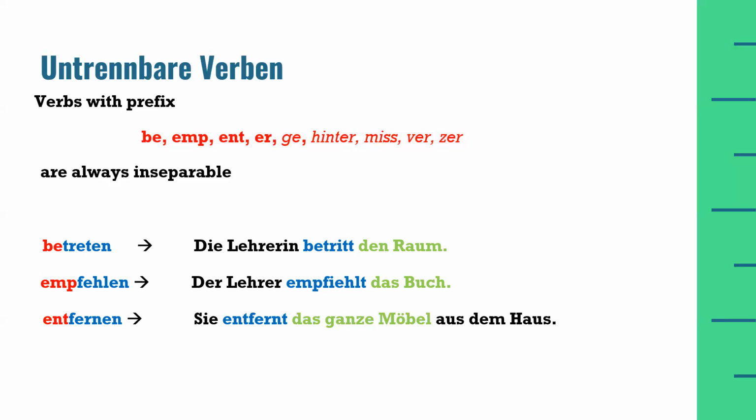Therefore, we have to conjugate it according to the subject sie and put it at the second position of the sentence. Erzählen. Erzählen means to explain or to tell. Der Großvater erzählt eine Geschichte. The grandfather tells a story.